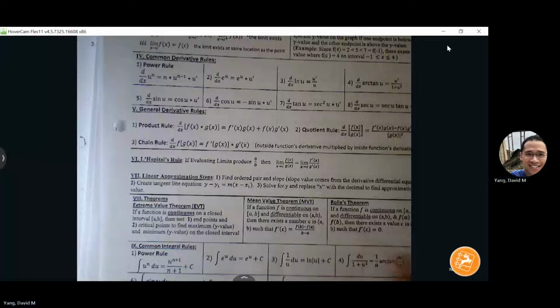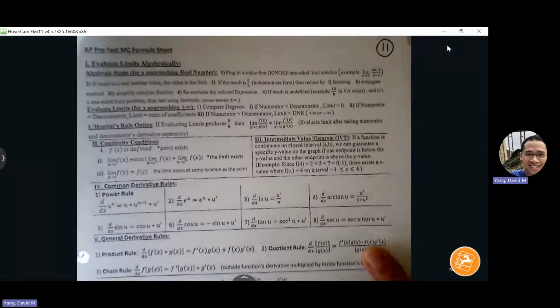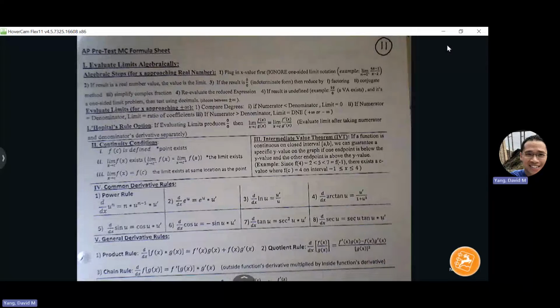And I included here pages 11 and 12, which I think are, if I could condense all of these topics into a cheat sheet, what I would do. So it's worth your time looking through this over the course of this week and next in preparation for your AP exam.